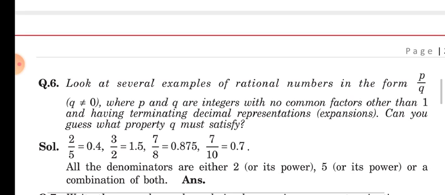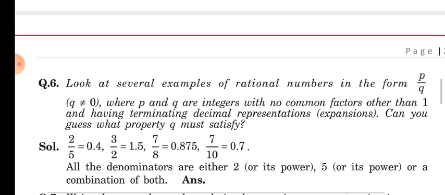That means the denominators are 5, 2, 8 and 10. So if we want the decimal expansion to be terminating, the denominator should be 5, or 5 square, or 5 cube, or 5 to the power 4 and so on, or a power of 2.